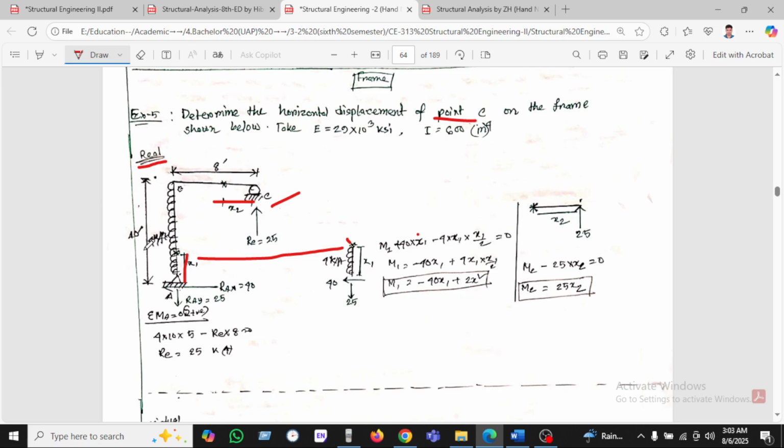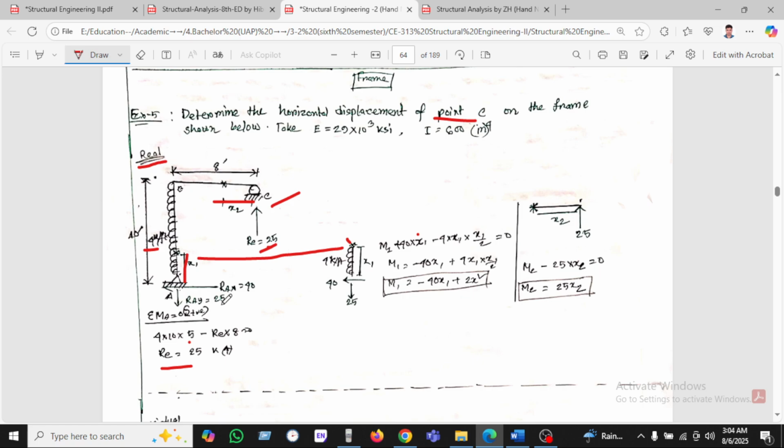Here 4 and 10 give the total load length, and 5 is the distance, 10 divided by 2. Taking moments, RC equal to 8, where 8 is the perpendicular distance, we found RC equal to 25 feet and upward.